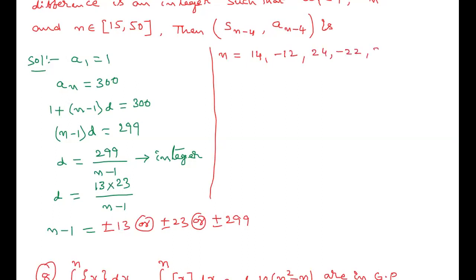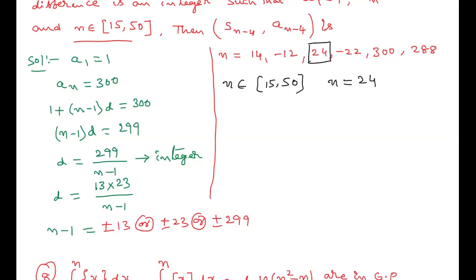Next, 300 or minus 288. But here n belongs to the closed interval 15 to 50, given. In between, what is the value? Only 24. So finally we decided that n is equal to 24.